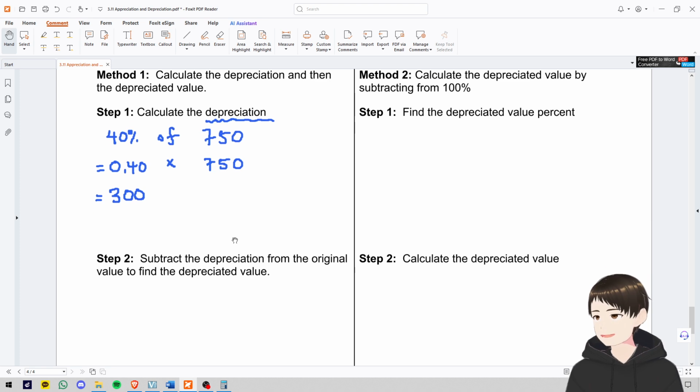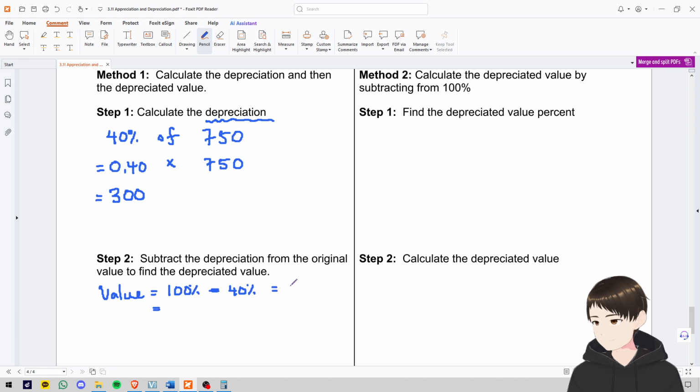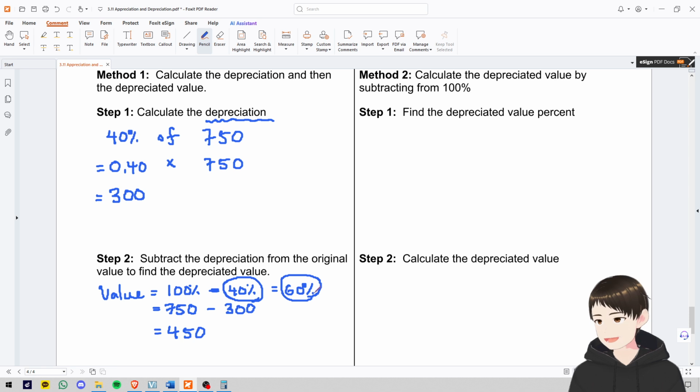So what you are doing is getting the value, which is the 100%, and take away the depreciation. So in other words, what we're doing is the 60%, right? This is 750, take away 300, leaving me with 450. So again, knowing how much we are depreciating by and knowing the depreciated value, you have to make the distinction in the English language. Okay?